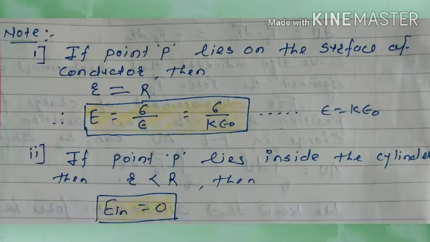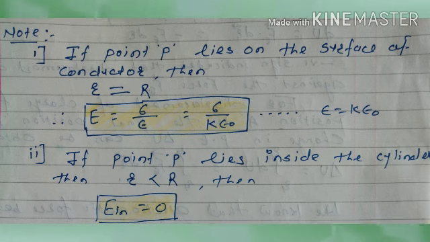Note, first, if point P lies on the surface of the conductor, then small r equals capital R. If we substitute this in the last equation, we get E equals sigma upon epsilon, because capital R gets cancelled. This can also be written as sigma upon K epsilon 0, because K epsilon 0 is simply epsilon.